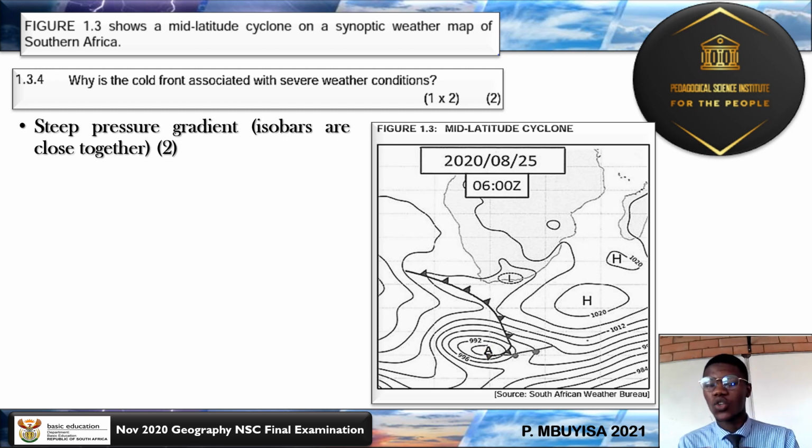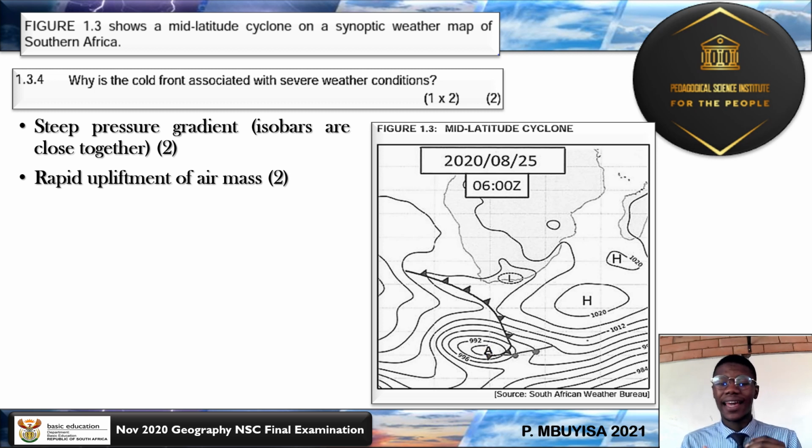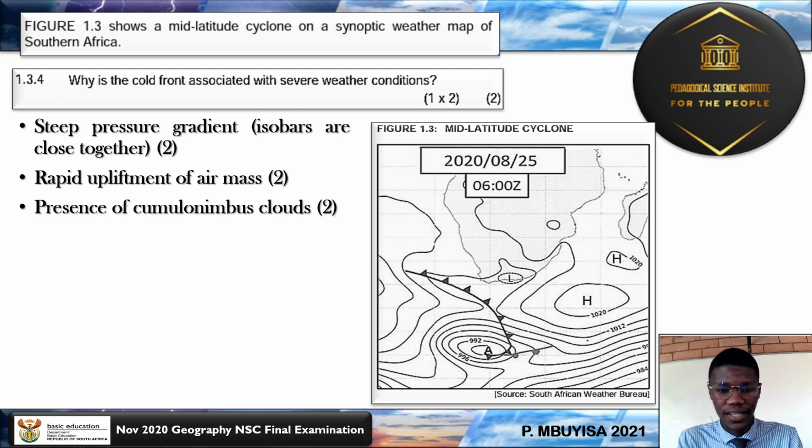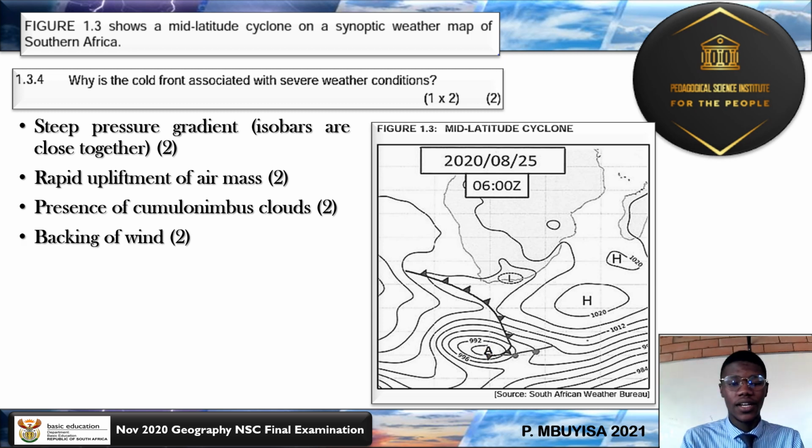So your isobars are closer together, and closer together depicts that we have a high concentration of this high pressure air, or this cold air, and as a result it's going to cause the rapid upliftment of this air, and that's going to lead to rapid condensation, which causes cumulonimbus clouds. And cumulonimbus clouds are associated with what? Severe heavy rainfall. So that's why the cold front is associated with severe weather conditions.